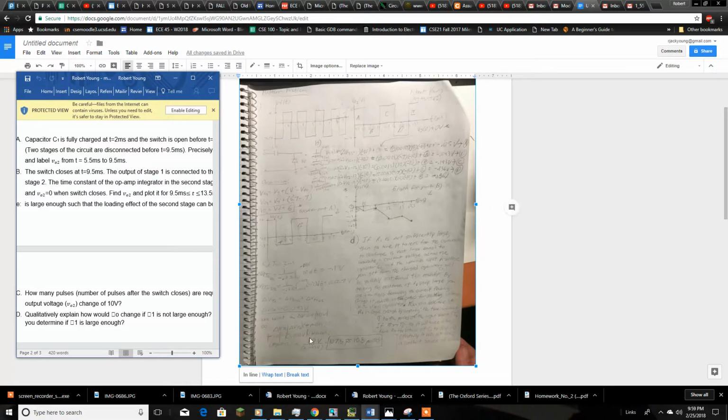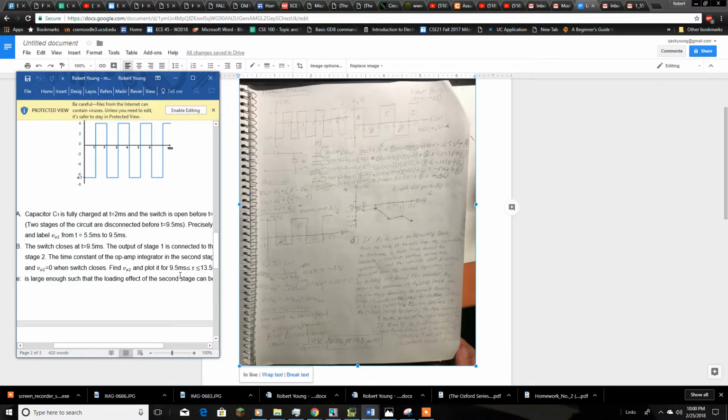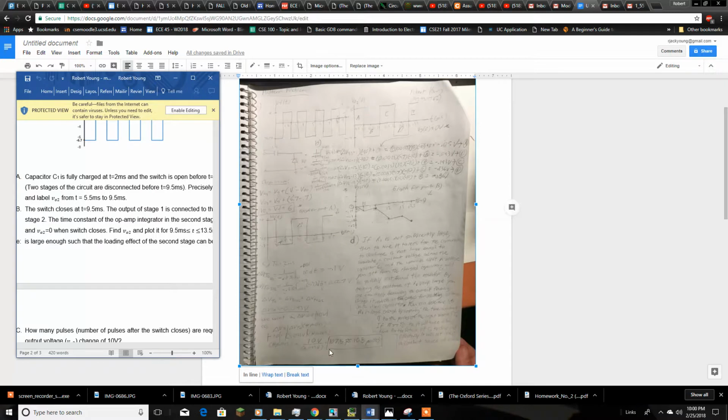To solve for how many pulses that's going to take to equal 10 volts, we pretty much just divide 10 by that value to get the number of pulses, which, if we ignore the first bit from 9.5 to 10 since it's considered negligible, we can assume is about 107.5 to 108 pulses, ignoring that first part.